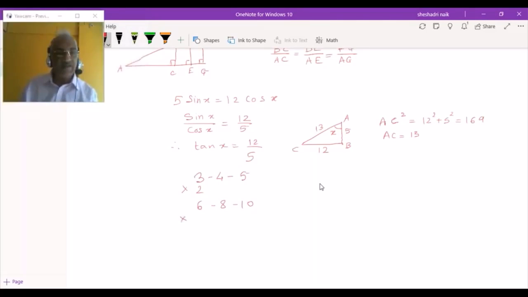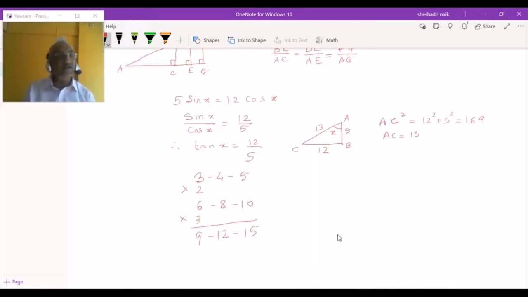If I multiply it by 3, 9, 12, and 15 will also be a Pythagorean triplet. So any multiple of a Pythagorean triplet will also be another triplet.